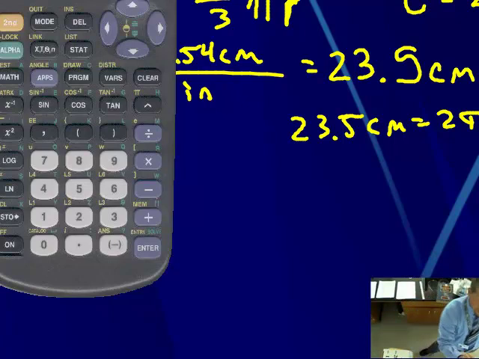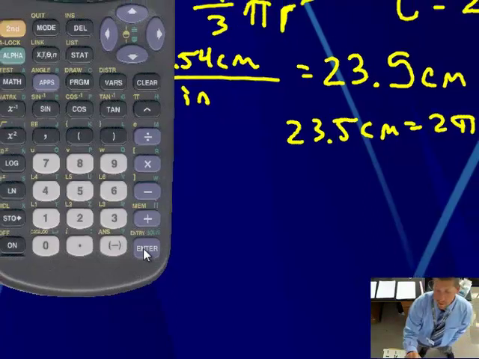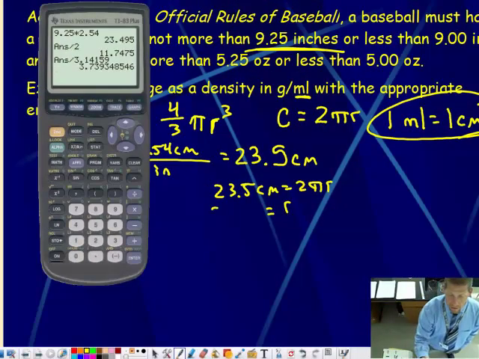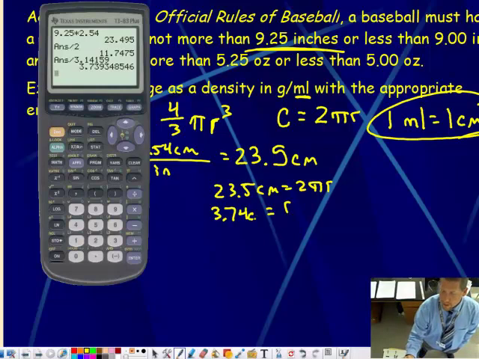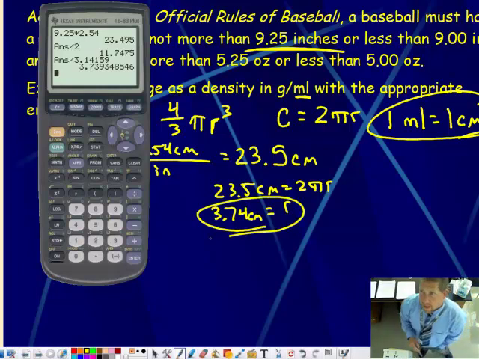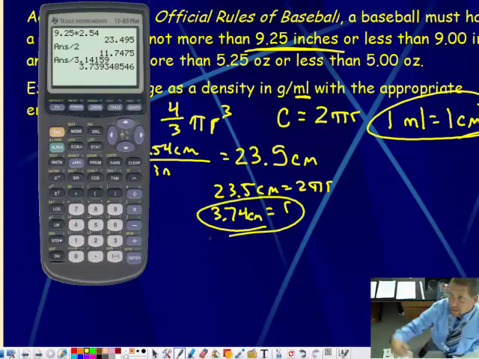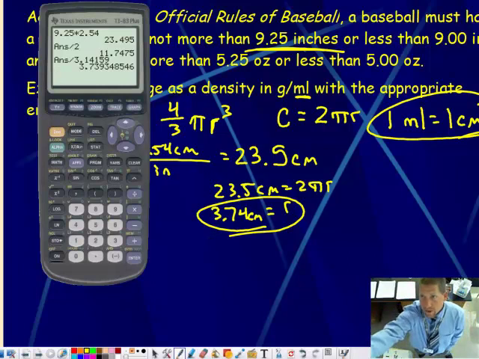So divide that number by 2, divided by pi, 3.14159, or hit your pi button. And then that will give me R. So R equals 3.74 centimeters.